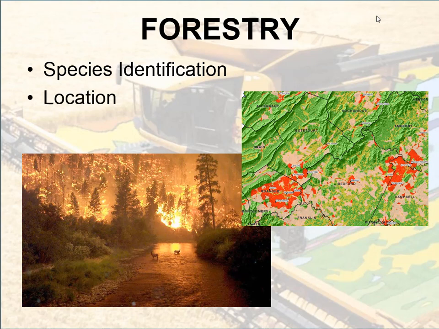Utilizing precision ag, GPS, and software to identify certain species of trees and their growth habits. As we're harvesting trees for lumber, we're basically creating fields of trees, but tracking their growth and knowing those locations. Probably one of the biggest things, and you can see that map there on the right-hand side, is tracking forest fires.